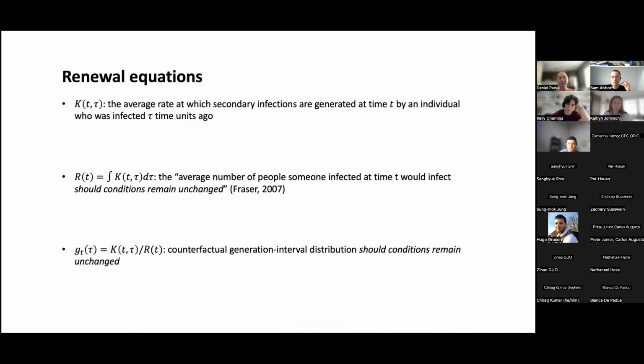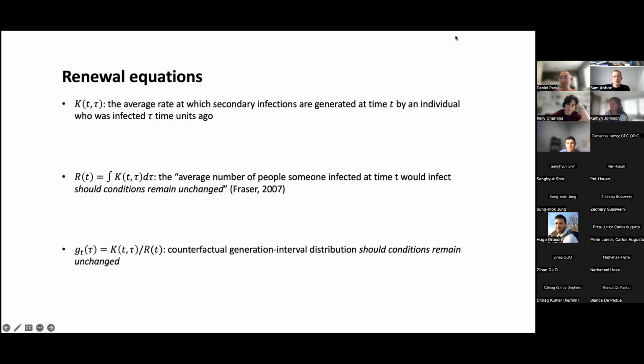K_t(tau) is the average rate at which secondary infections are generated at time t by an individual who was infected tau units ago. So this is measuring the infectiousness of an individual. Effectively, how many new infections are they going to transmit if they were infected tau units ago. And then if we integrate over this, we get Rt.